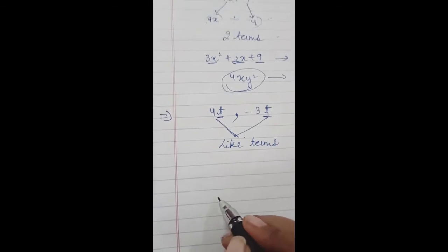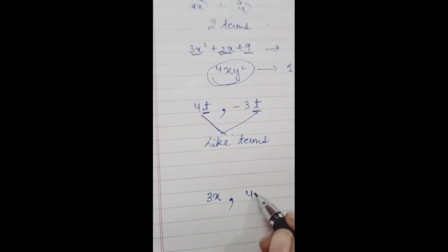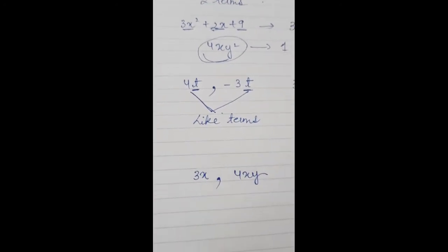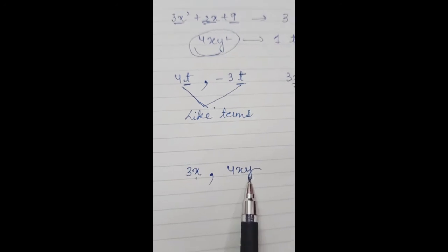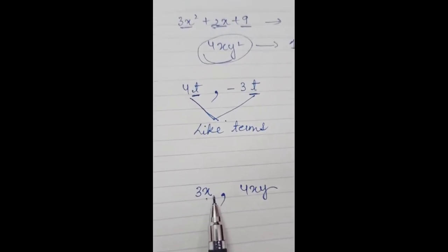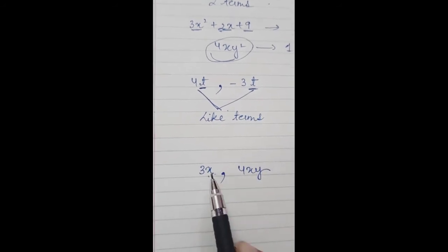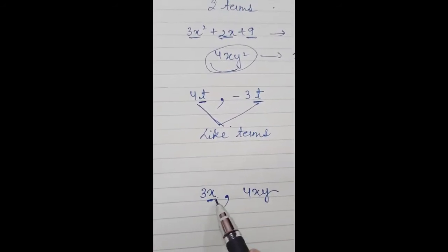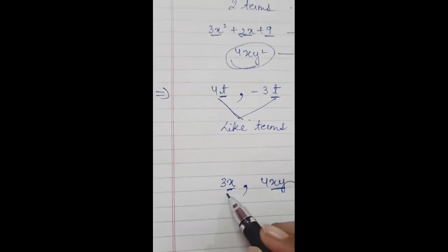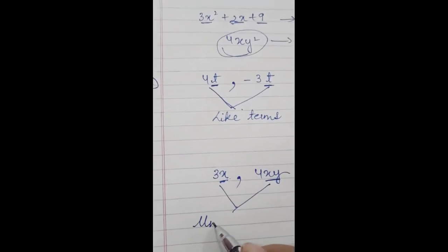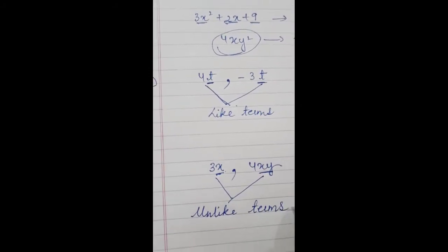Now see this. Suppose we have 3x and 4xy. You can see that here is x, here is x and y, so the algebraic parts are not the same. So these terms are known as unlike terms.